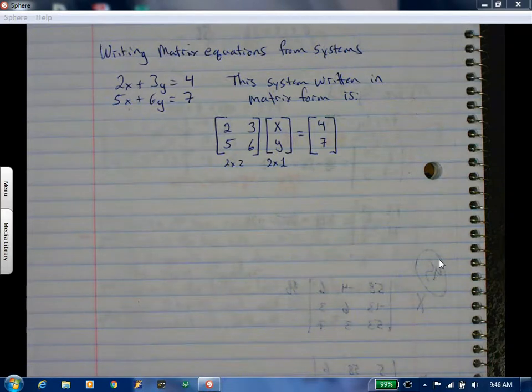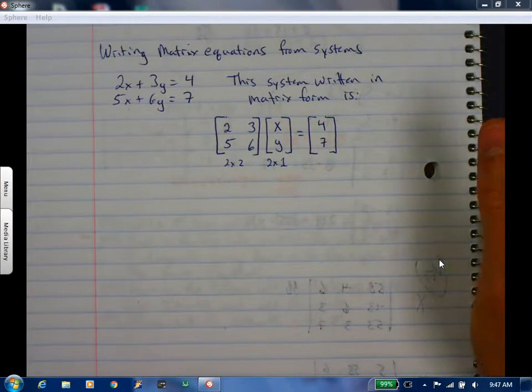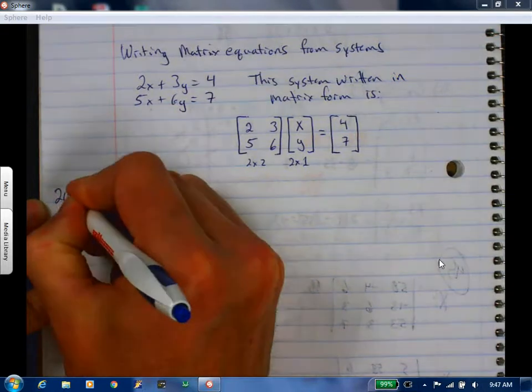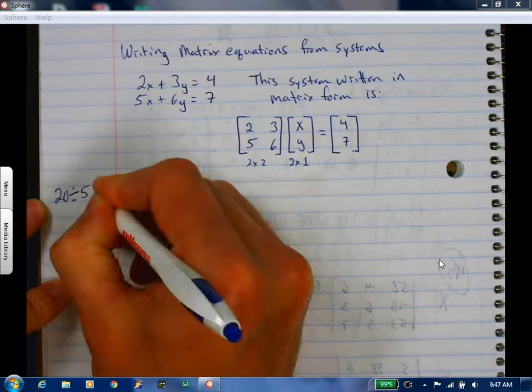Okay, so how we're going to solve this, we have matrix multiplication. There is nothing that's really called matrix division. You can't divide by a matrix. But division is just an inverse operation of multiplication. So for instance, what is 20 divided by 5? Easy.